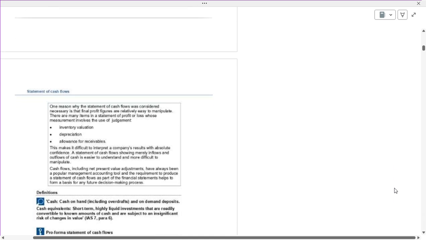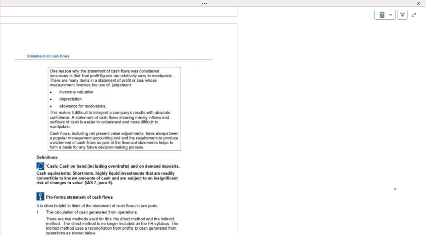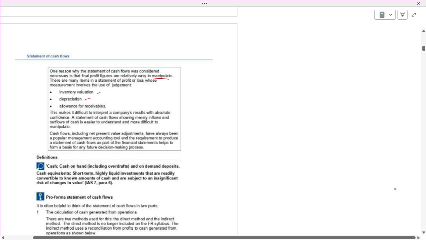They are talking about one of the reasons: the final profits are relatively easy to manipulate. When you study auditing, you will see there will be fraud, there will be error. It is a part of the system. You cannot say that the complete system is perfect and intact. There will be manipulation and fraud, through inventory, depreciation, allowances.